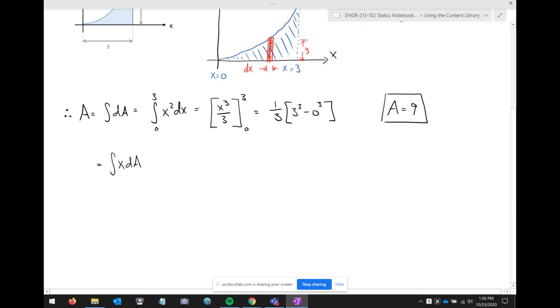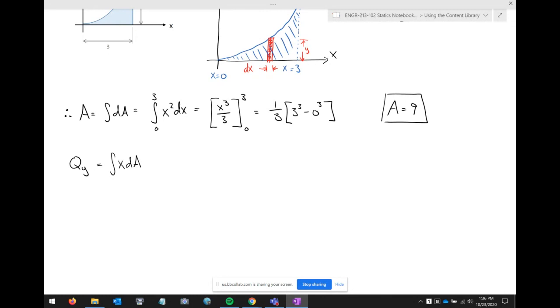Now, if you want a name for this integral, we call it Q_y. Q is a letter that we use for a first moment, and remember the indexes flip. If it's how far from the x-axis, that's some distance y; how far from the y-axis, some distance x.